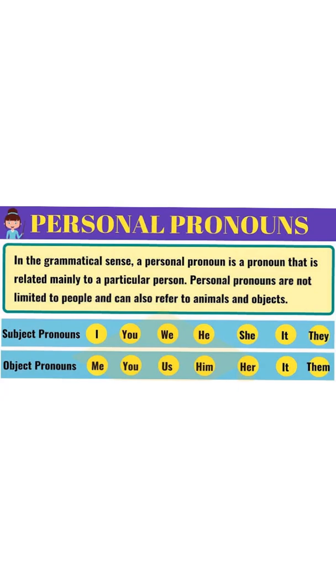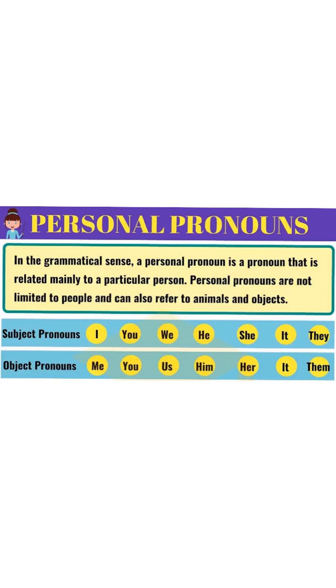The word person here does not always mean people. Like I have already told you, first person, second person, and third person. Who is the first person? The speaker. The one who is talking is the first person.